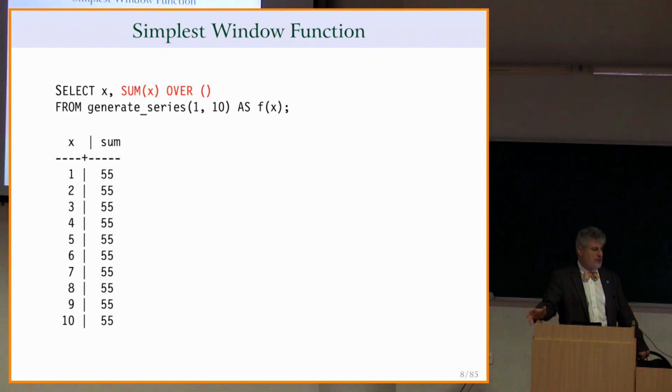In a normal situation without the over clause, the sum would have returned one number, 55. The difference here is that all 10 rows have remained distinct. We didn't collapse all 10 rows into one row. The rows are still there.